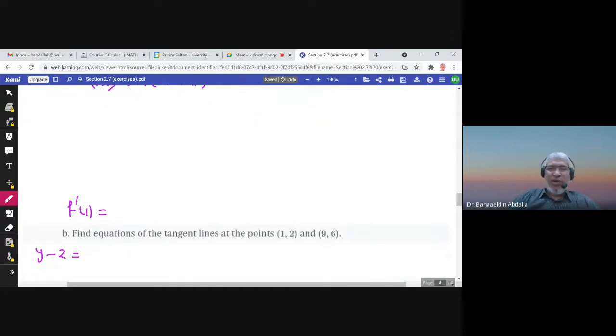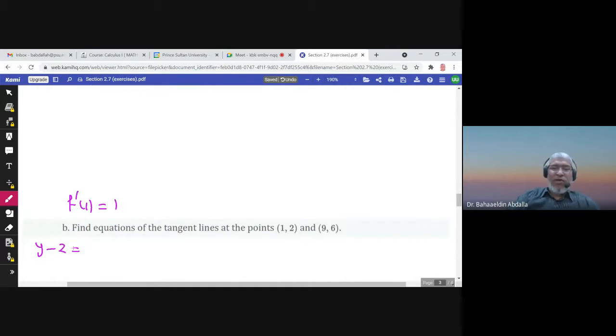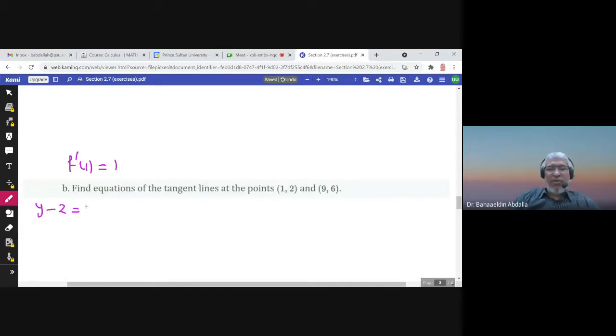I replace a by 1 and it would be 1. So I have 1 times x minus 1. So taking 2 to the other side, it's y equals x minus 1 plus 2, that's x plus 1. So this is the first tangent line.